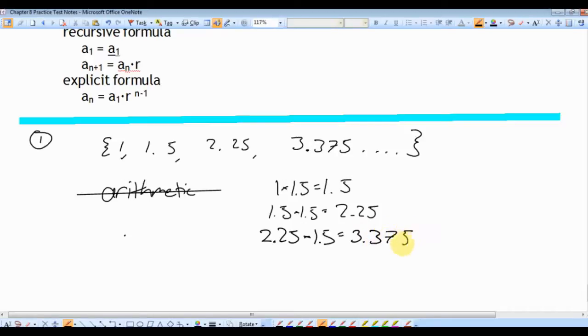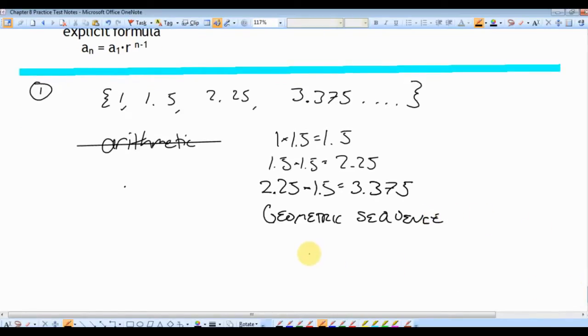So we have a geometric sequence. Furthermore, we know a few things. We know that the first term is 1, and we know that the common ratio is 1.5. We know that because we kept multiplying by 1.5.